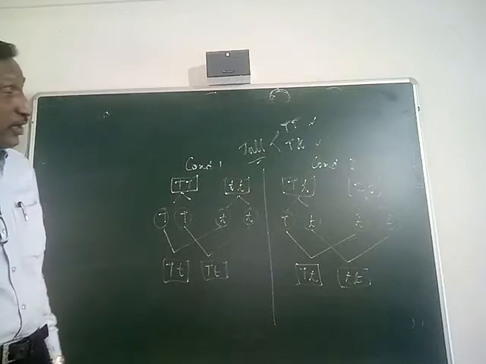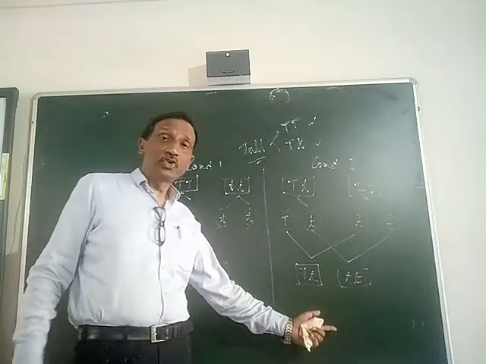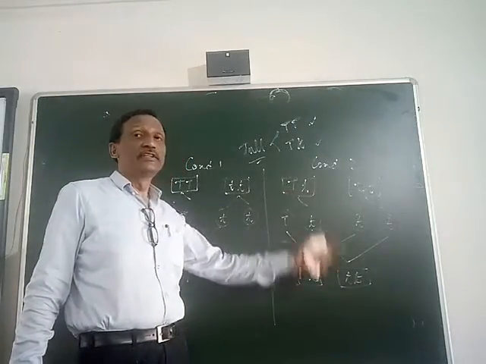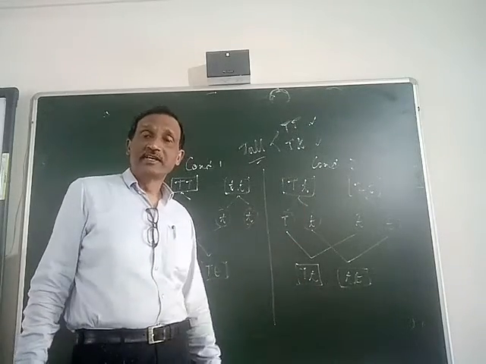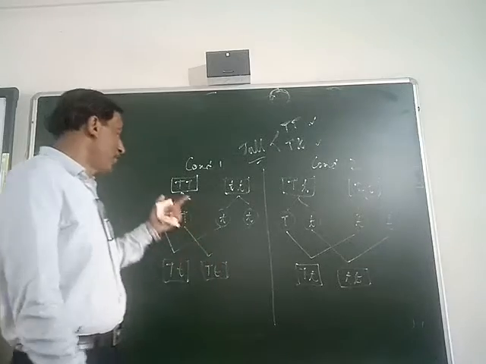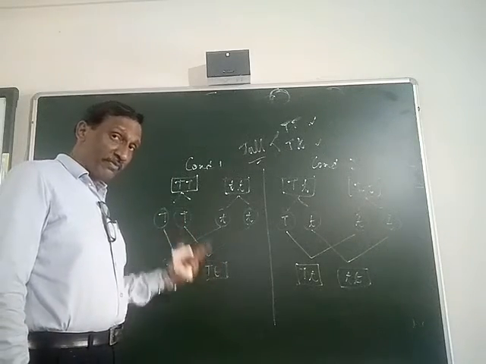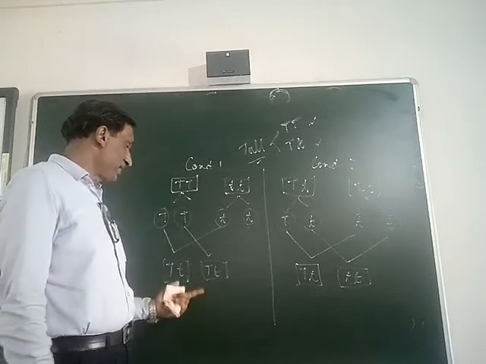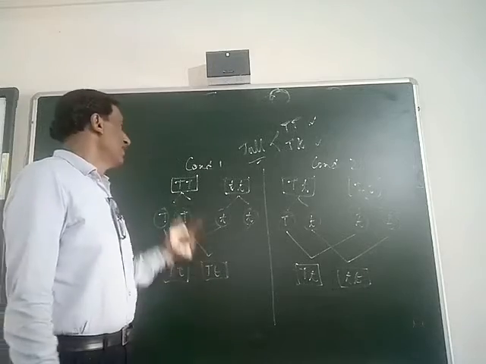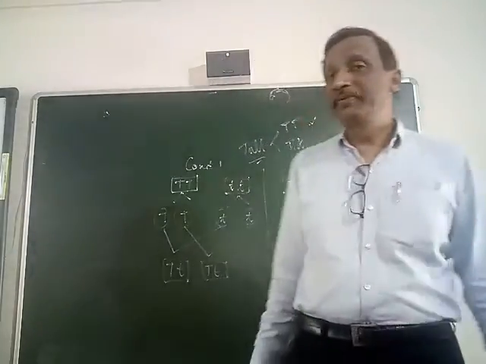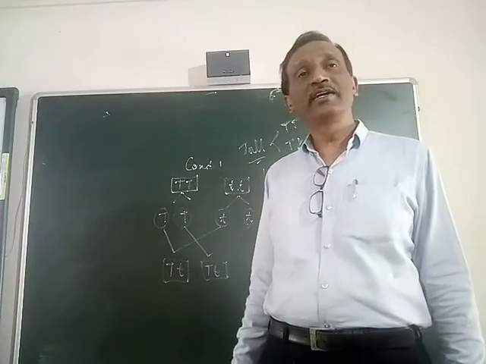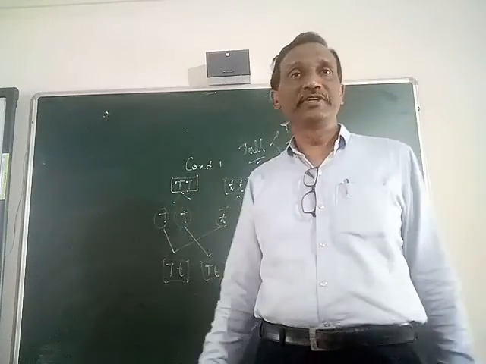Okay, so when a 50-50 ratio comes, that means the parental genotype or allelomorph was hybrid, that is capital T and small t. And if all the plants in the test cross are of the same type, dominant type, that means the allelomorph of the plant which we are testing is homozygous dominant.